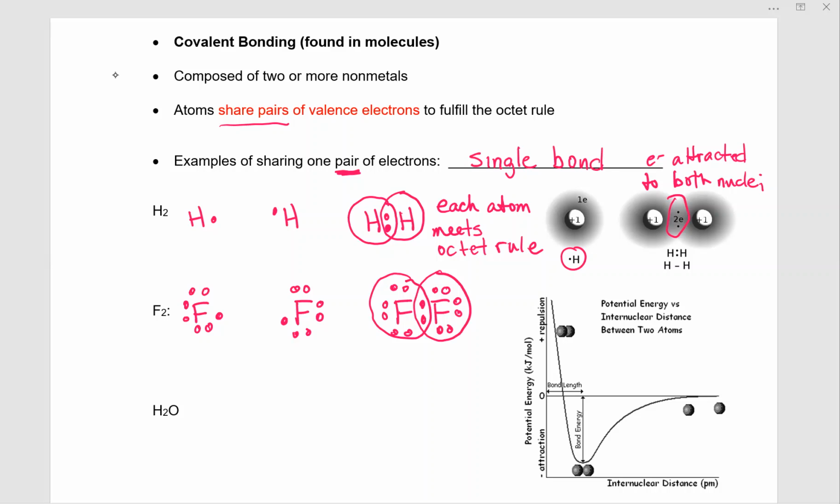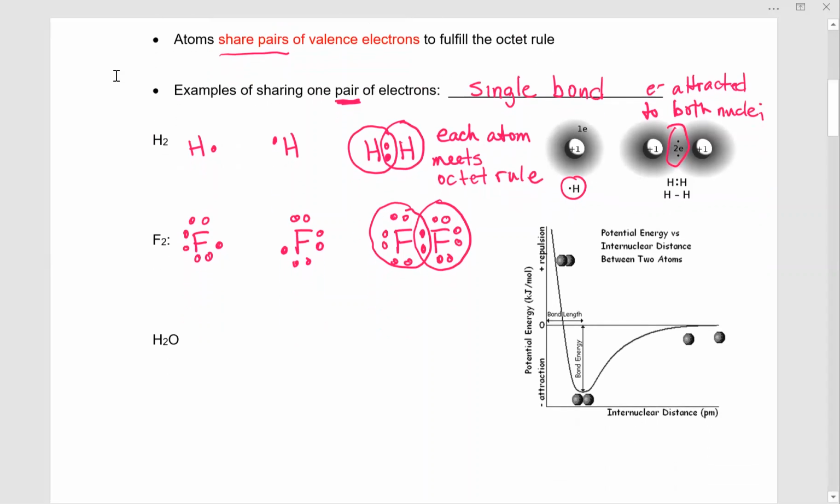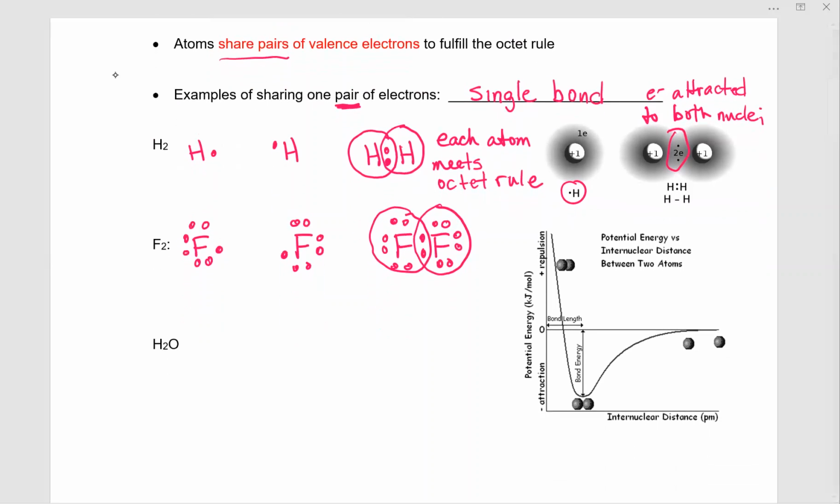Let's take a look at H2O. So we have a hydrogen atom, 1 electron. We have oxygen. Now remember that oxygen has 6 valence electrons. And then we have another hydrogen. So these atoms are going to get together so that everybody has a full valence shell. Remember, with hydrogen, that is 2. So we're going to share a pair of electrons between each oxygen and hydrogen.